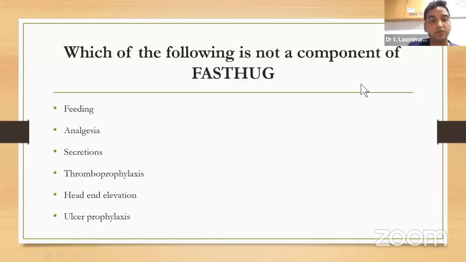Coming to the first question: which of the following is not a component of FAST HUG? The right answer, Kezia has answered this question. It is secretions. What does S mean then?